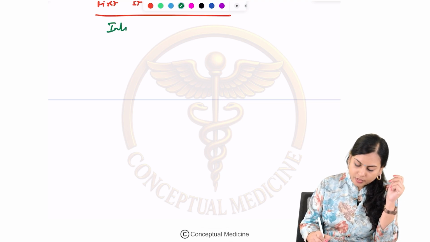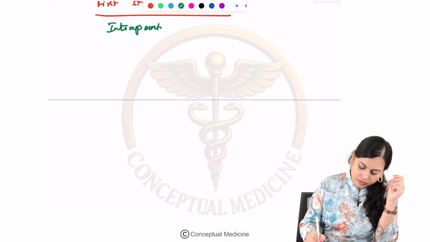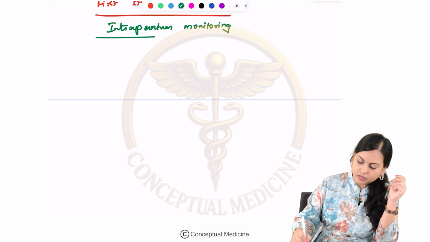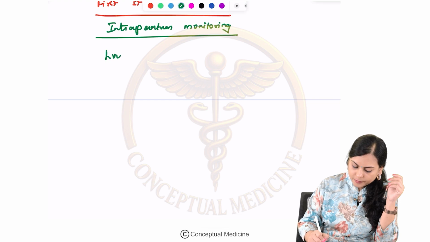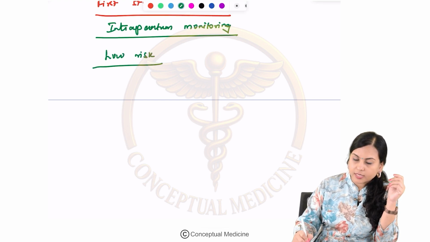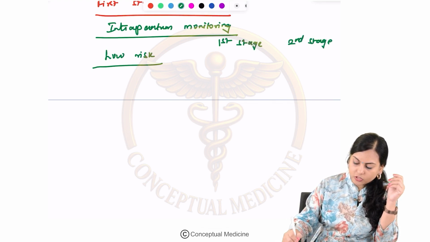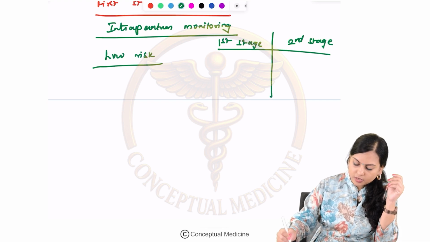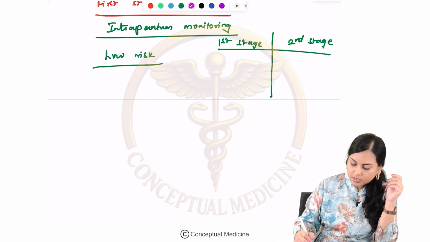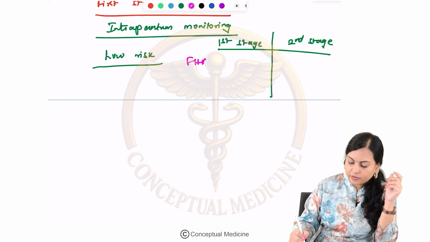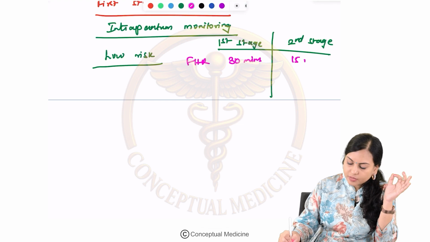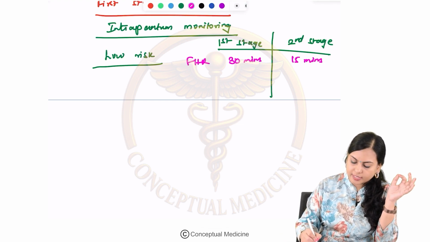So, if we take intrapartum monitoring in the low risk pregnancies, it can be seen as first stage or the second stage, and you have to monitor the fetal heart rate every 30 minutes in the first stage and every 15 minutes in the second stage if it is a low risk pregnancy.